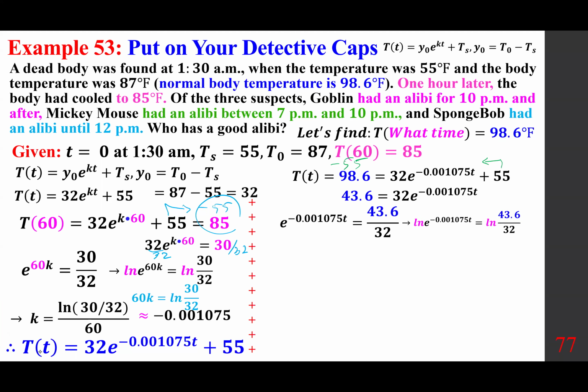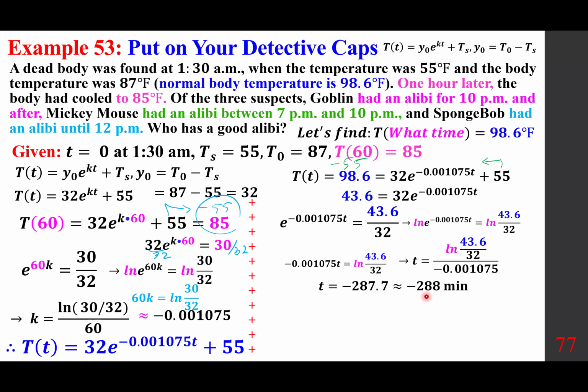Again, the reason we do so is because anytime you have an exponential and you want to get to the variable, which is the exponent, you have to take a natural log. The left side just loses ln and e because they undo each other, and we get to the exponent. So t would be the right side divided by negative 0.001075. You put it into a calculator, you get negative 287.7, let's say negative 288 minutes.